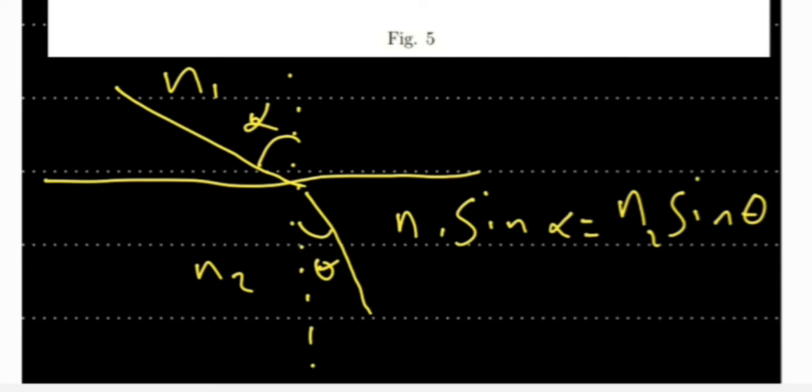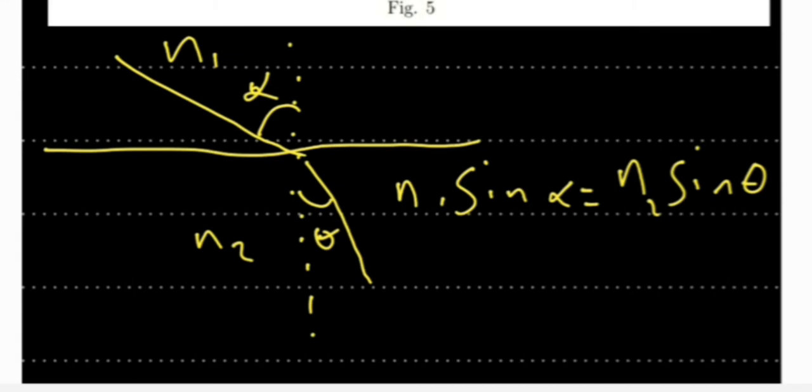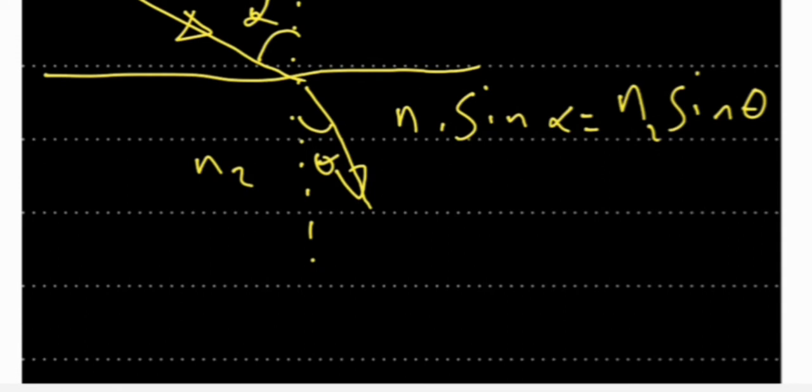Now look, let's say this is the direction of the light. Is it going from the bigger index or the smaller index of refraction? You just need to look at the formula if you forget. This is an equality, right?